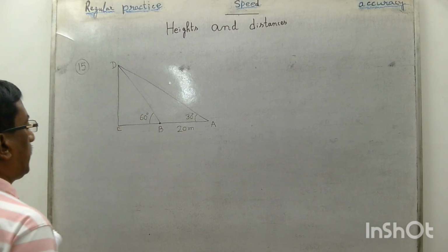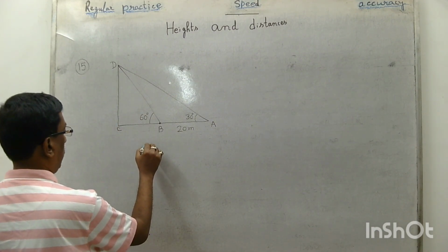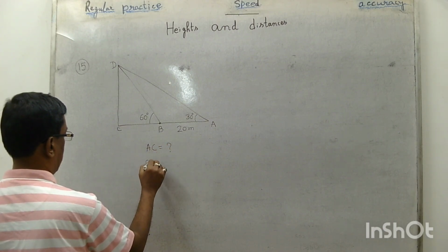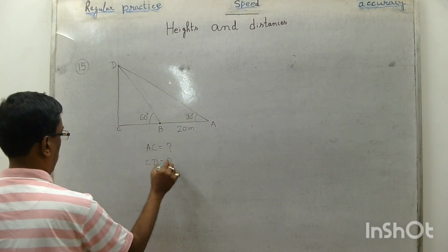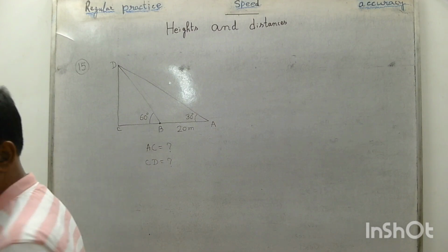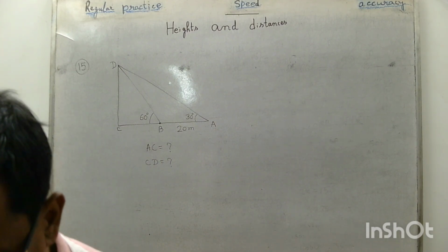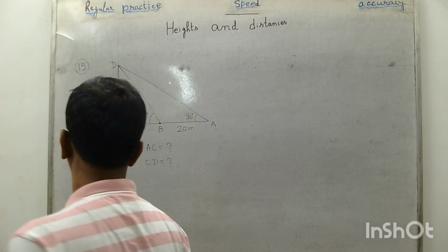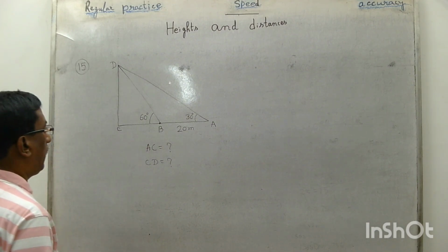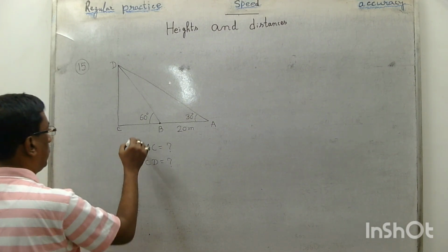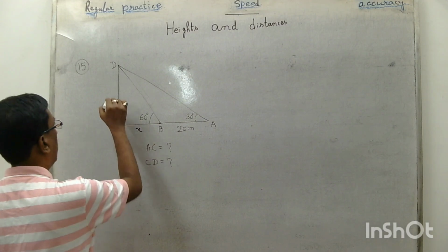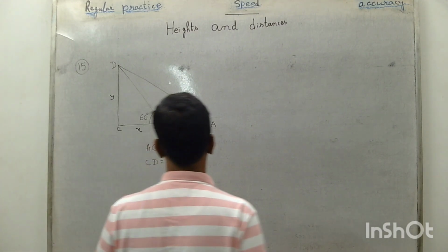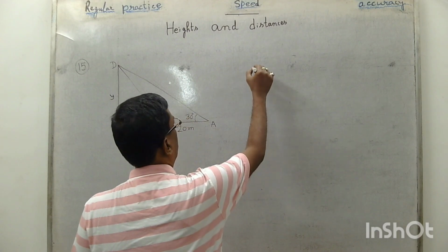तो basically हमें क्या निकालना होगा? AC and CD. We have to find the value of AC and CD. Let this portion be X and this be Y. So tan 30, at first tan 30.